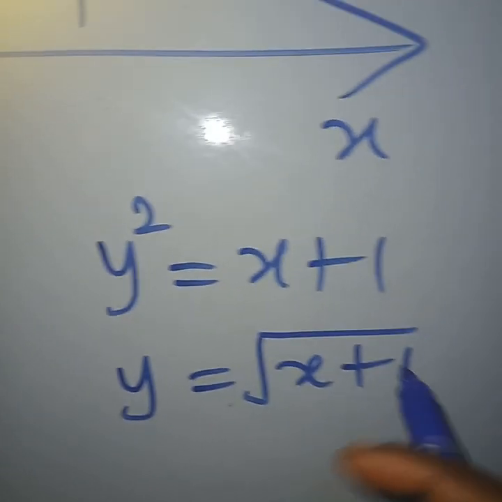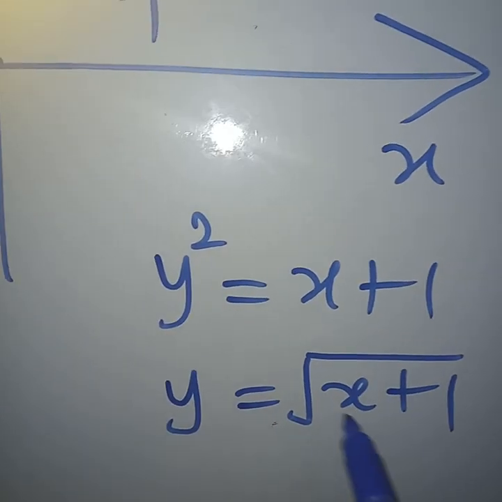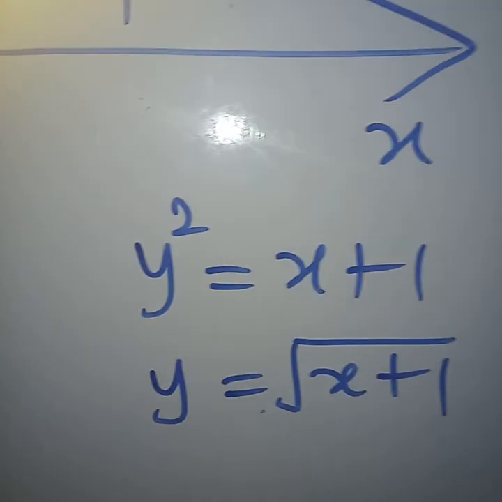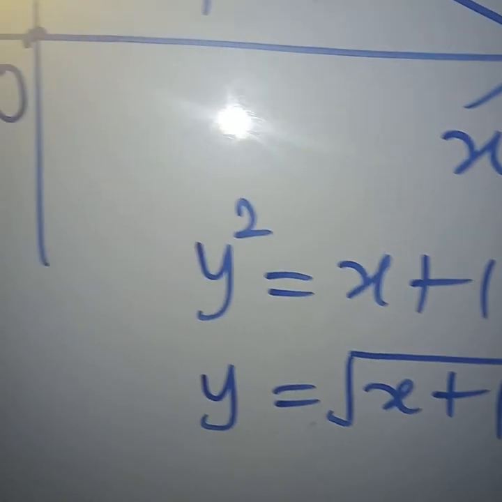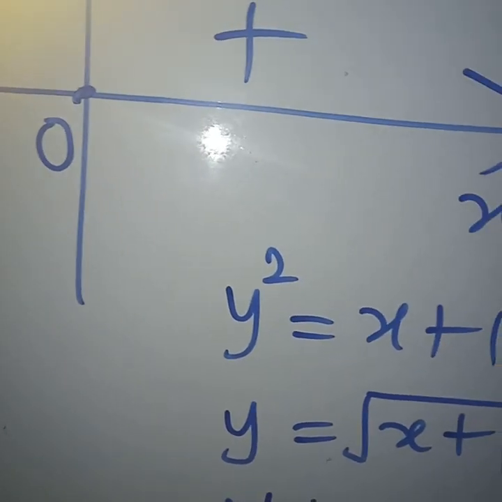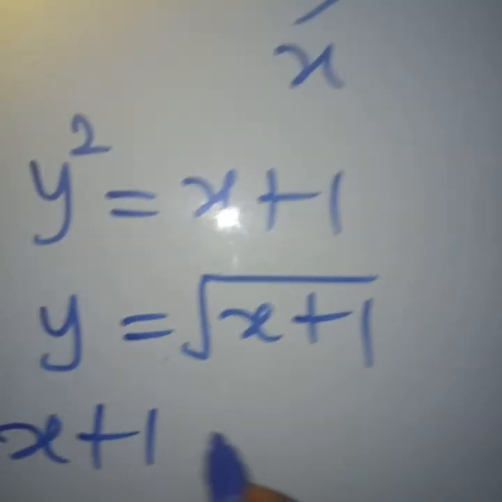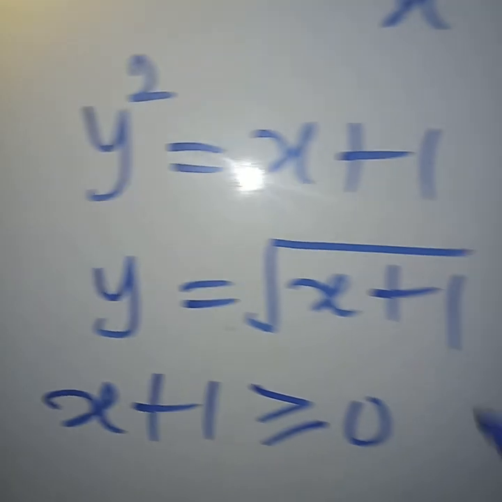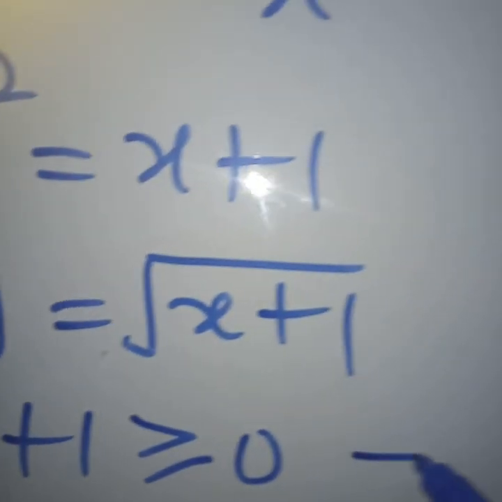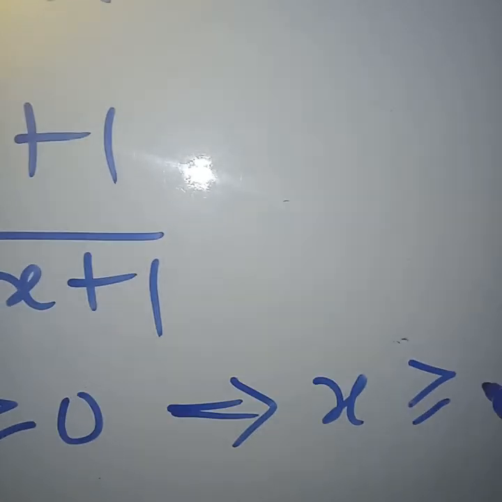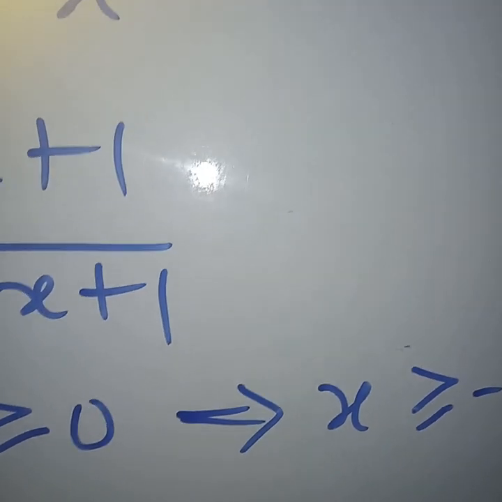Because of this, we can choose only those values of x for which y will be a real number. If we do this, it means what is under the square root here must be non-negative. And then from here, we have that x must be greater than or equal to -1.